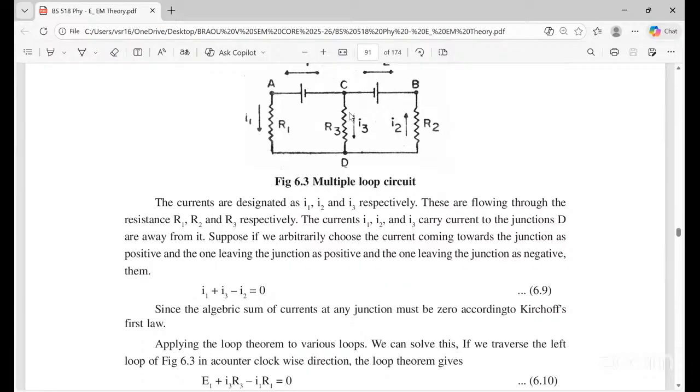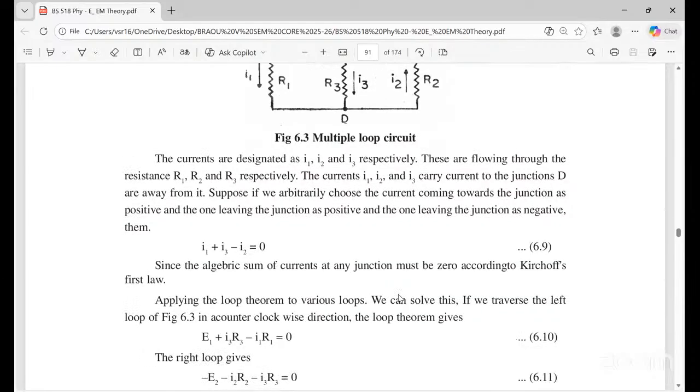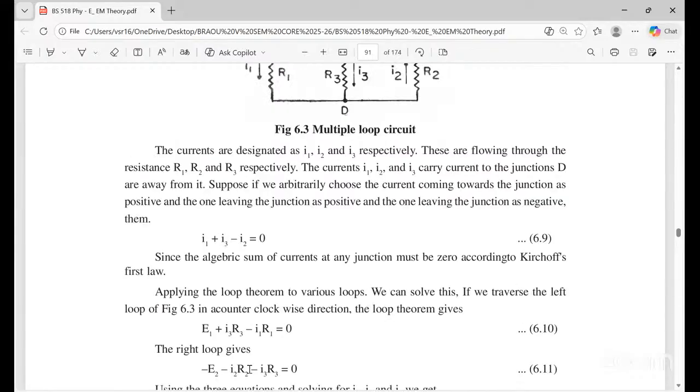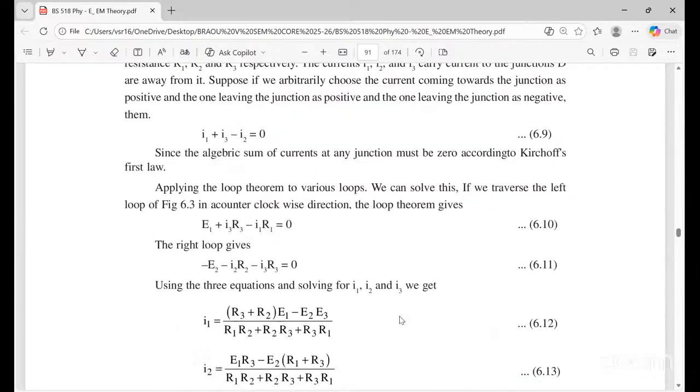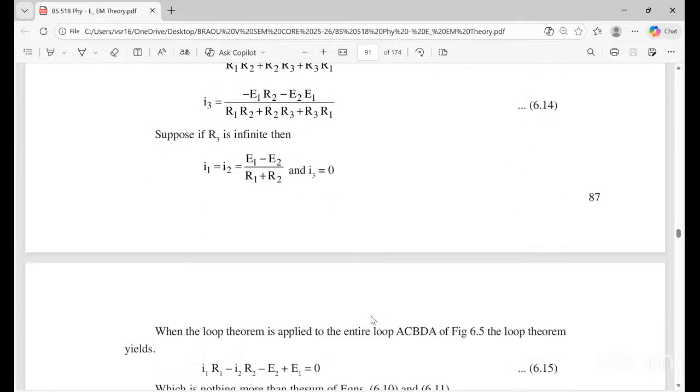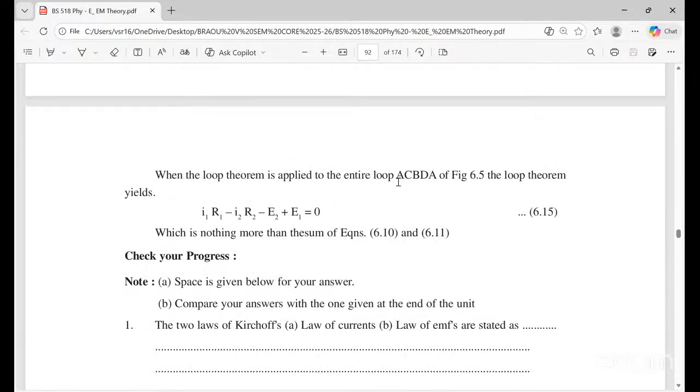I1 plus I3 both are downwards. I2 is in the opposite direction, so minus I2 equals 0. Okay. So by the loop theorem, E1 plus I3 R3 minus I1 R1 equals 0. By simplifying this, you may get this equation.